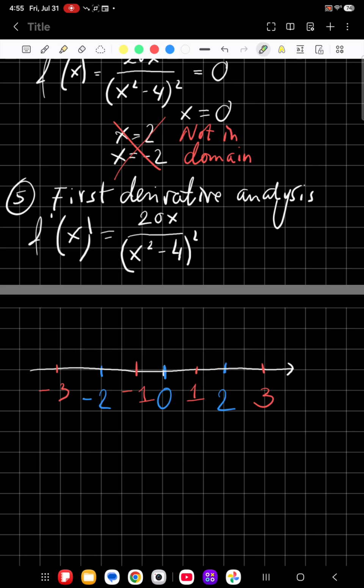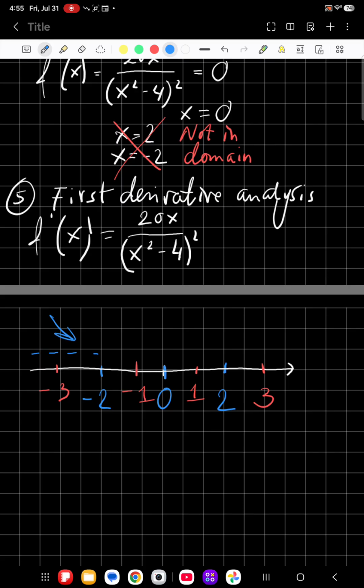So the first interval is this one, and we have -3. I plug it in those 2 places. The bottom is positive, the top is negative, so the whole thing is negative. Let me make it blue, so negative. Negative means the function is decreasing.